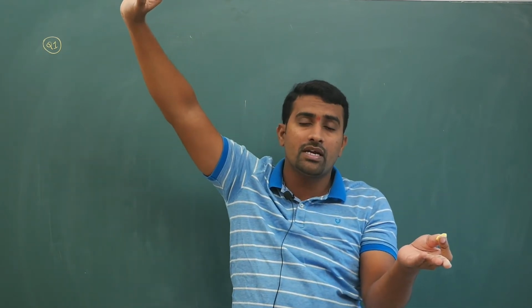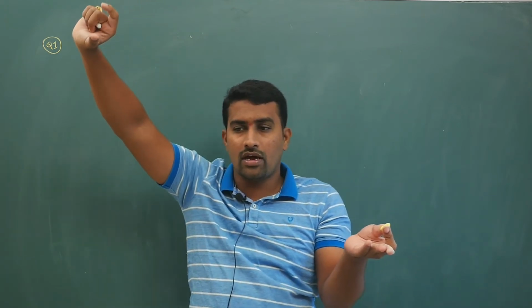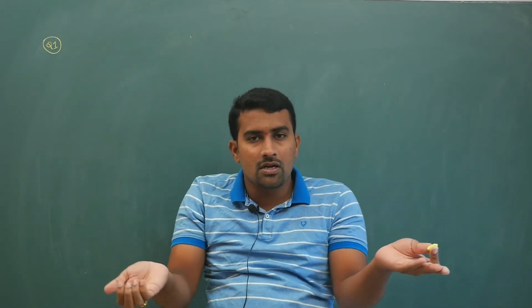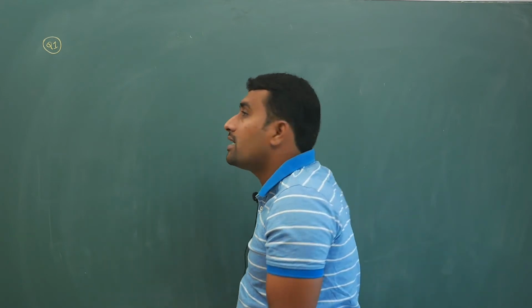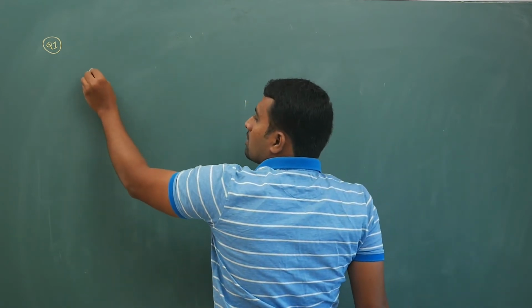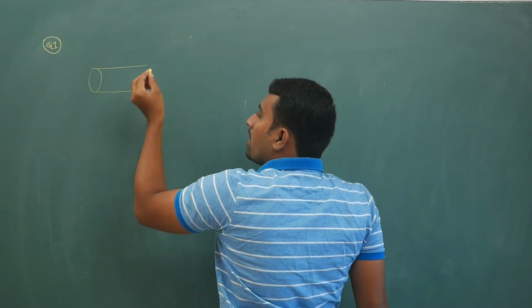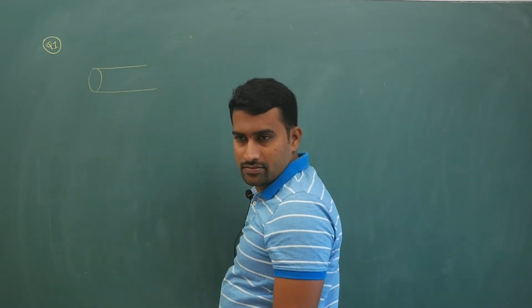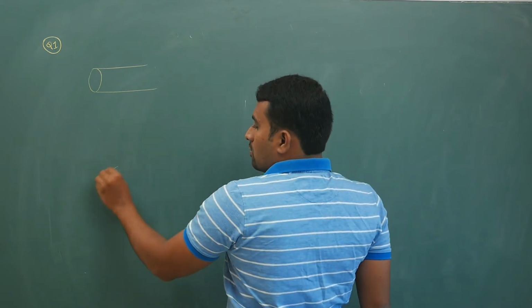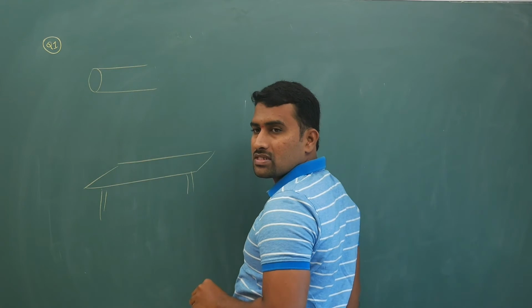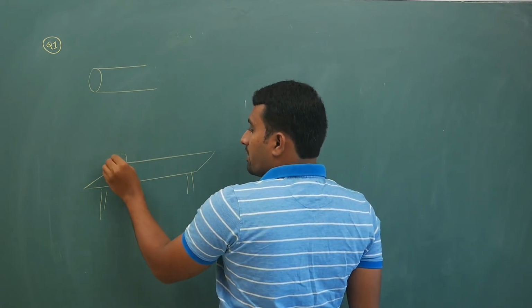You need Bernoulli's equation to decide that, but I am not considering this case. I am considering a tube on the table, and you are watching from the top. So you have a table like this, and on this there is a pipe.